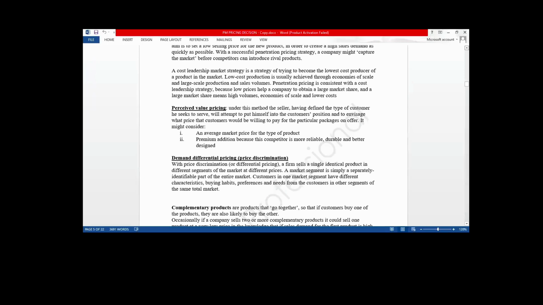So a company can launch a new product onto the market for the first time using the market penetration pricing strategy, provided the company is a cost leader. That is, the company can achieve production at the lowest possible cost.